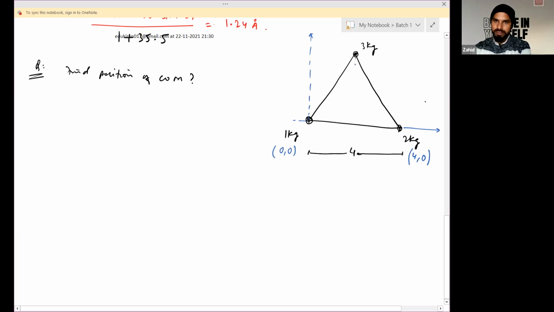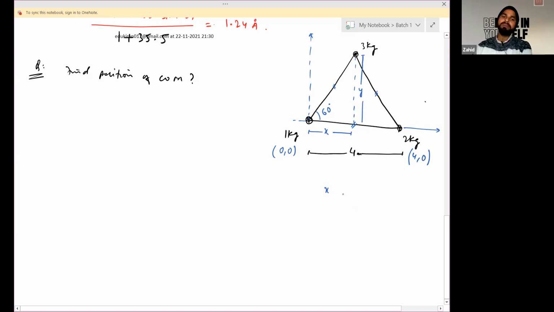Now, if you draw a vertical line, this angle is 60° as this is an equilateral triangle. So this term will be the x component and this will be the y component for the 3 kg body.